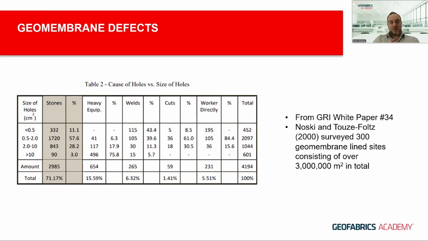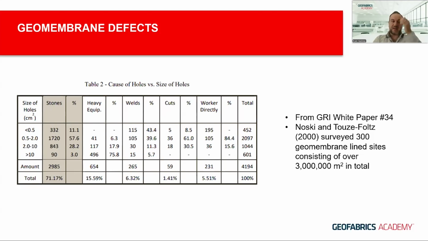But then also, in terms of each of those ways in which the defect has been made, the resultant size of the hole that's occurred. So some quite interesting data there in terms of both the total number of defects that are found, but also the size of those defects.